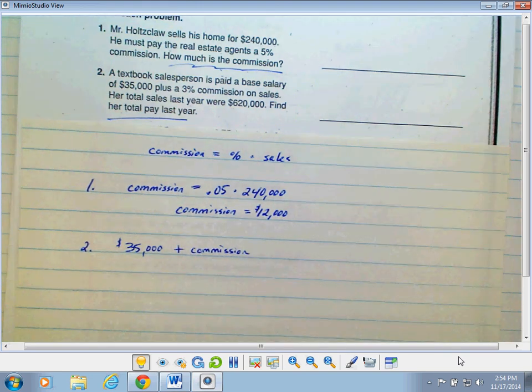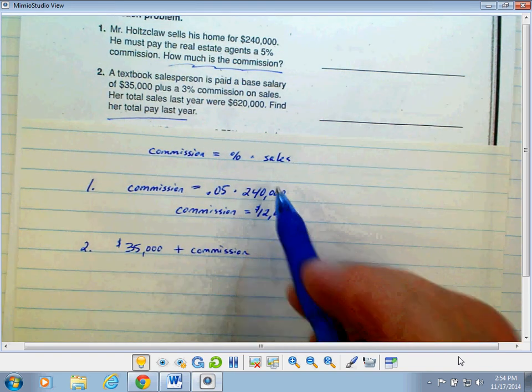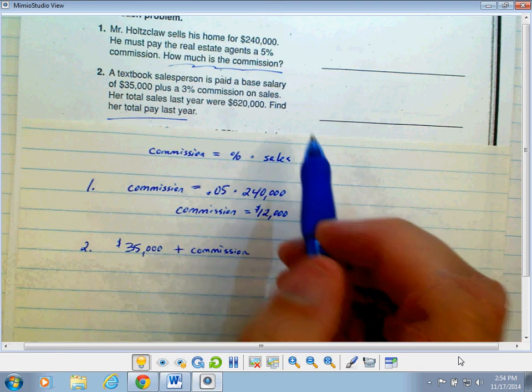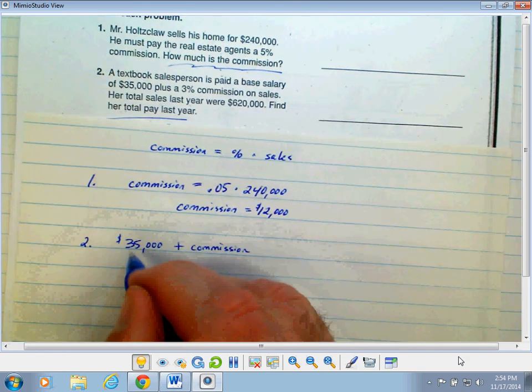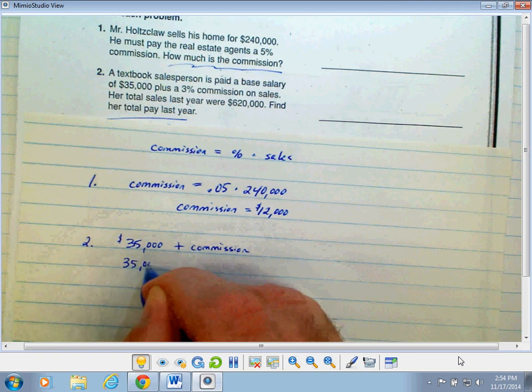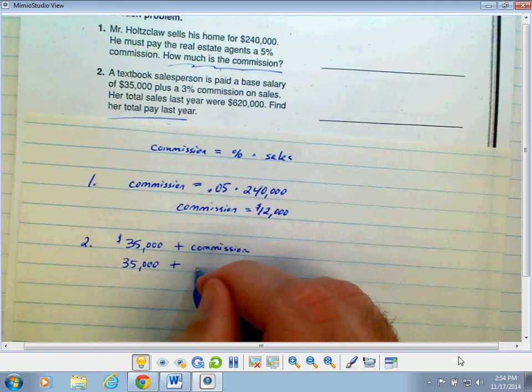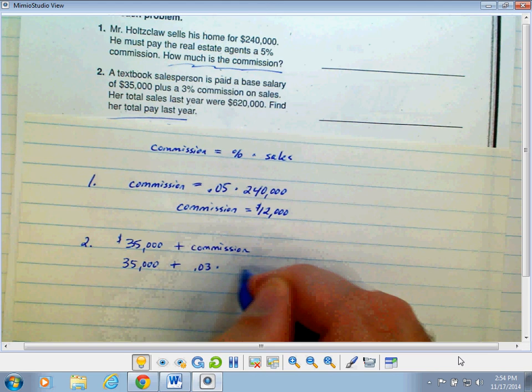And what they want you to do is figure out how much that is. Well, the commission is 3% and her sales were $620,000, so she's going to get the $35,000, but she's also going to get 0.03 times $620,000 in sales.